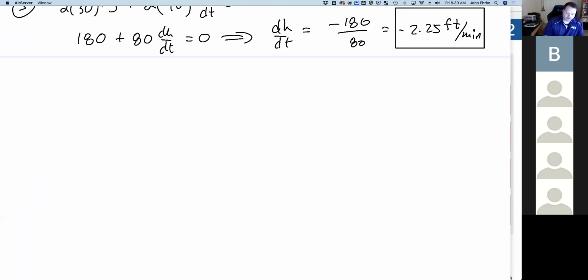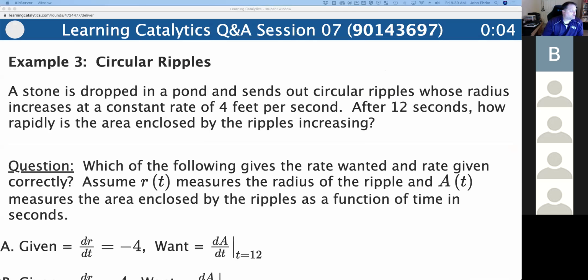So I'm going to go on to example 3. Suppose you drop a stone in a pond.